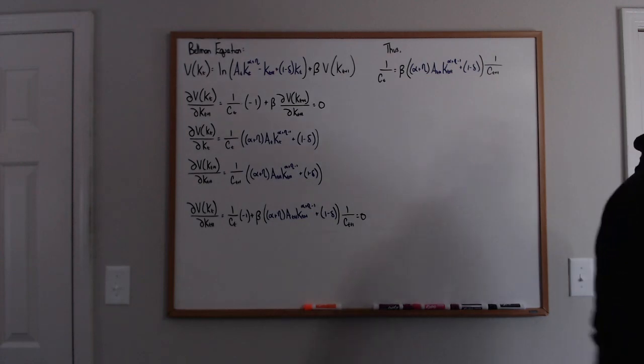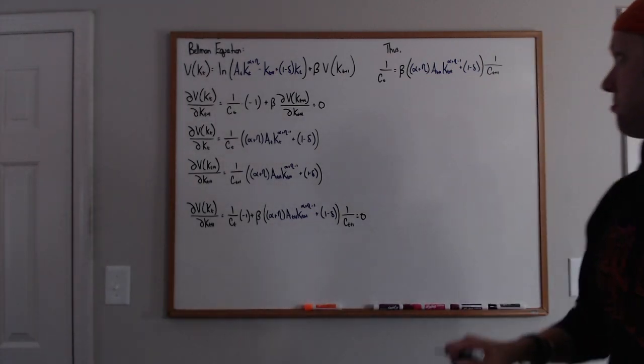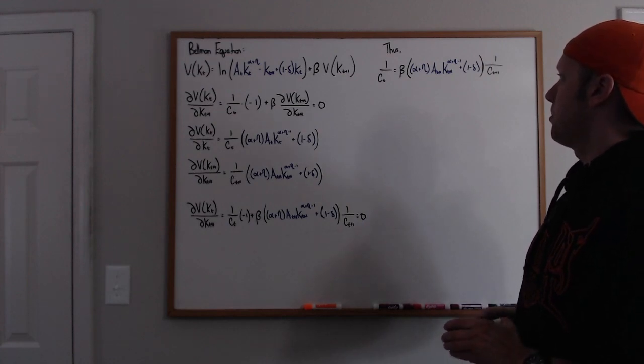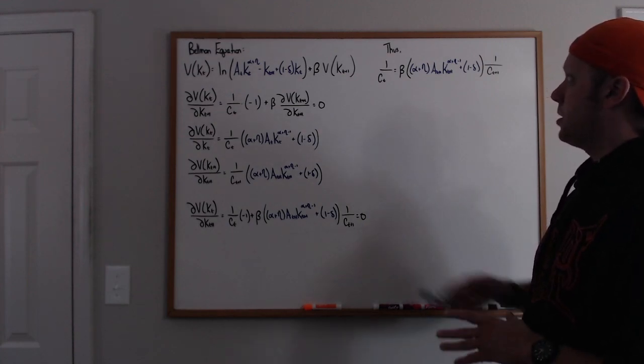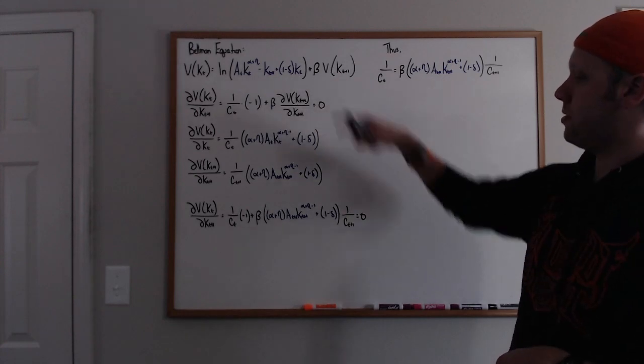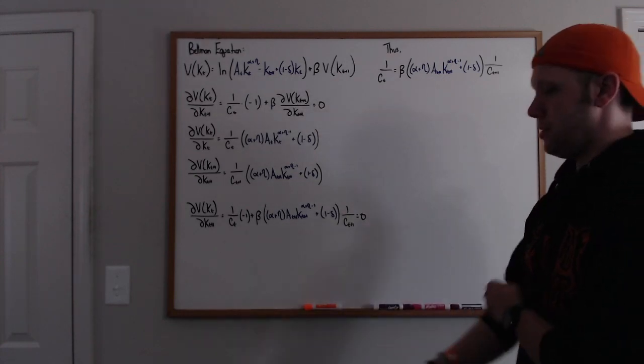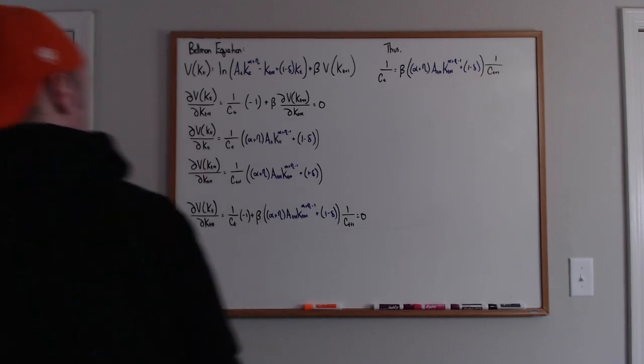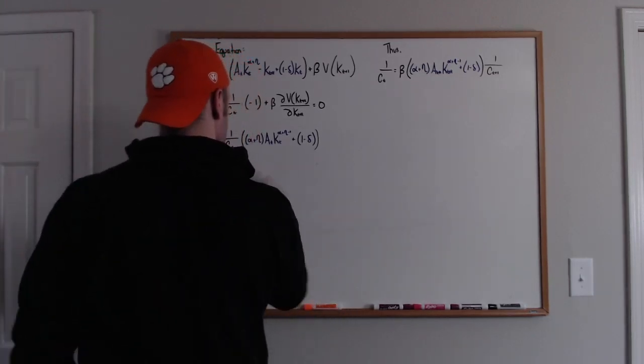Right, now this Euler equation really isn't all that different from what we saw with the Neoclassical Growth Model. So I'm going to erase this stuff, move this over to this side so we can have a little bit more board space to talk about what the implications are of this result.